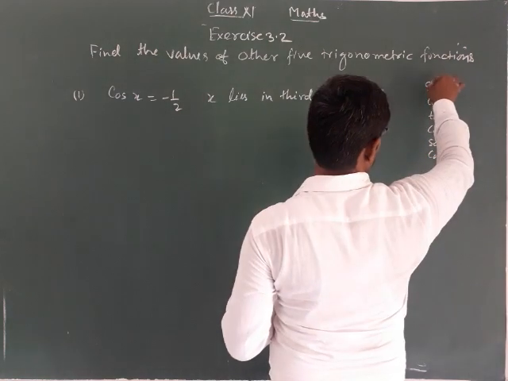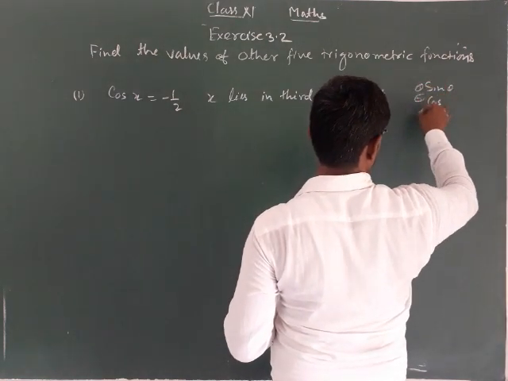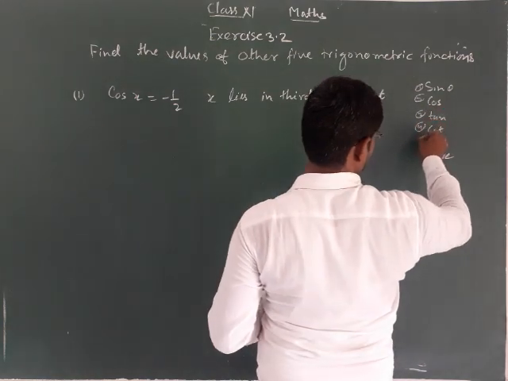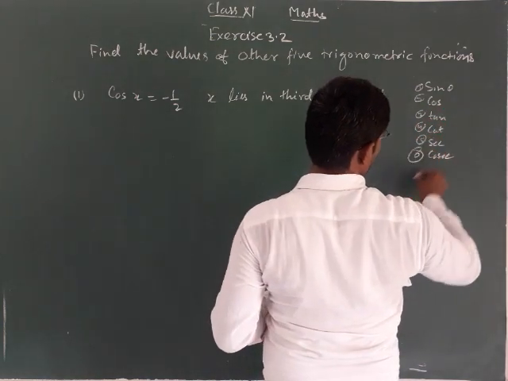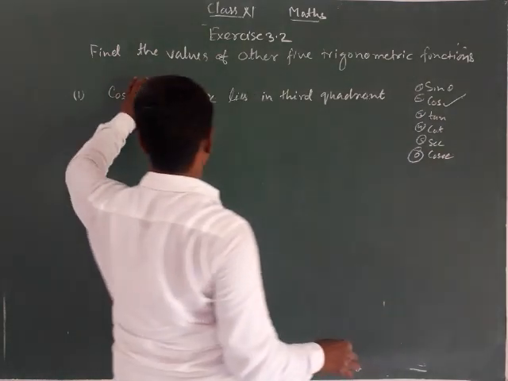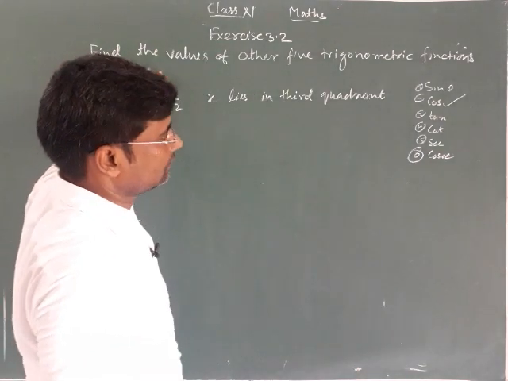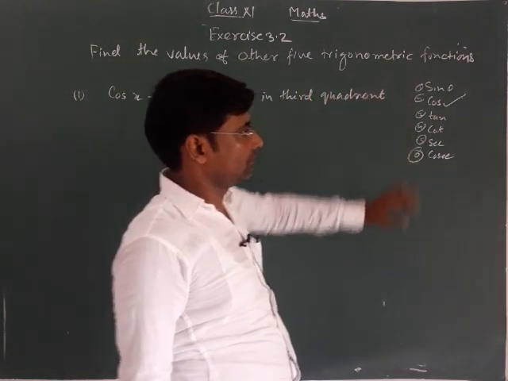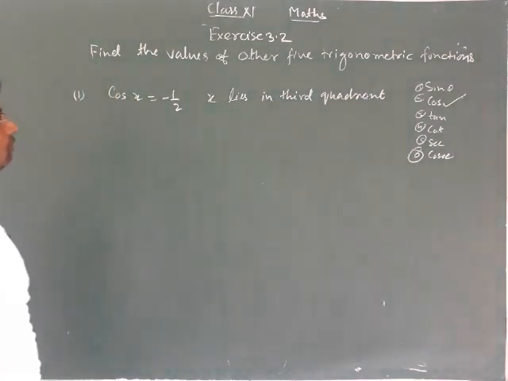So there are 6, 1, 2, 3, 4, 5, 6. One value is given, and we find the other 5 trigonometric ratios.